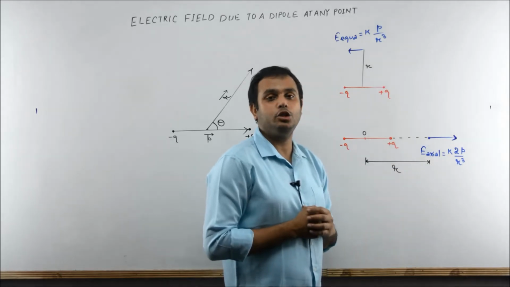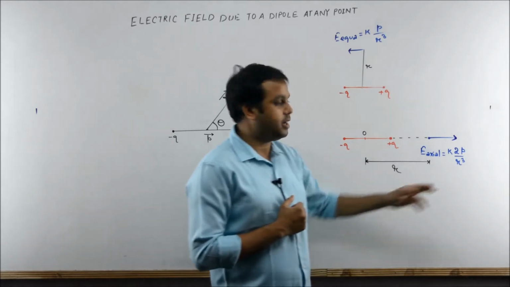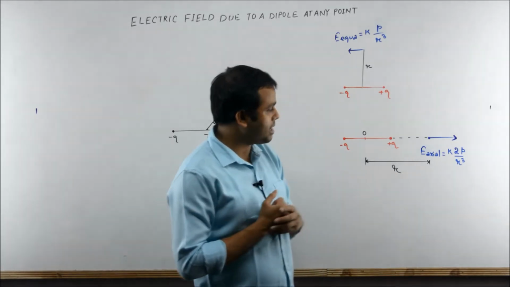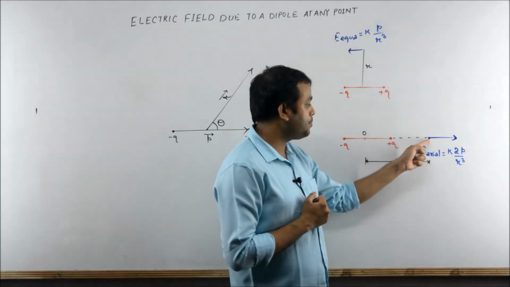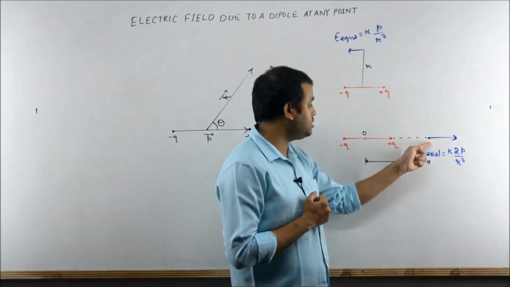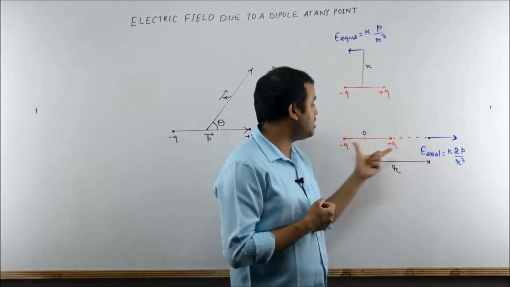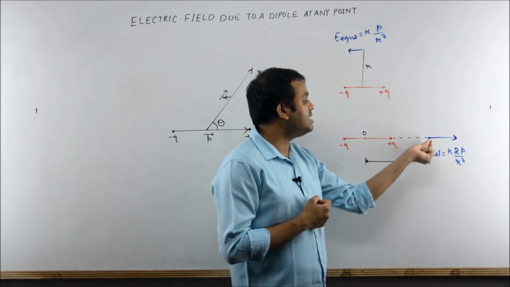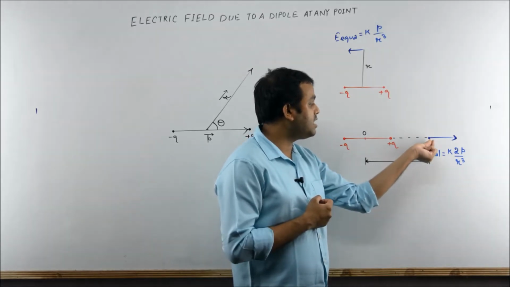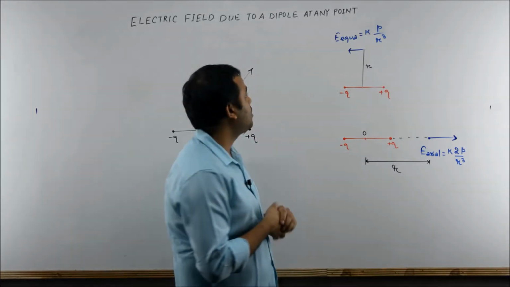It's magnitude of the dipole moment of the electric dipole. And what is r? It is the distance of the axial point, where we are finding the electric field due to the dipole, from the midpoint of the dipole. Clear?